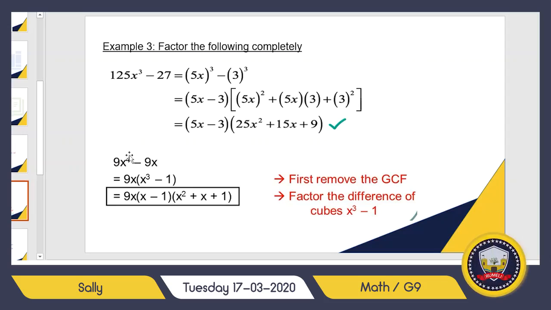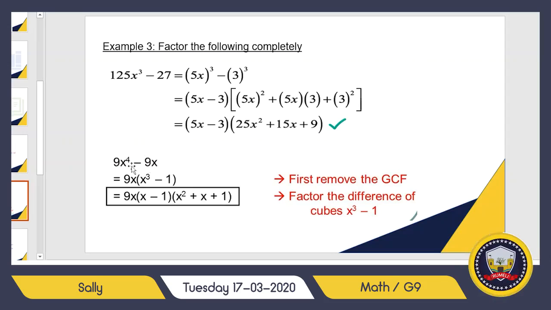No. X to the power of 4, it's not x to the power of 3 as we used to. Minus 9x. I should ask myself another question. Is it a difference of two squares? No, because here x to the power of 1; a difference of two squares should have x to the power of 2, x to the power of 4, so it's not a difference of two squares.